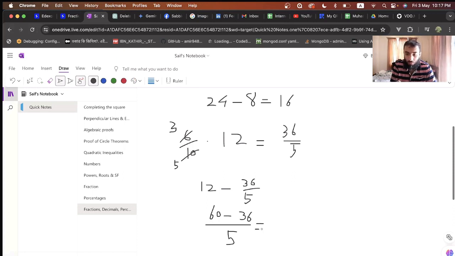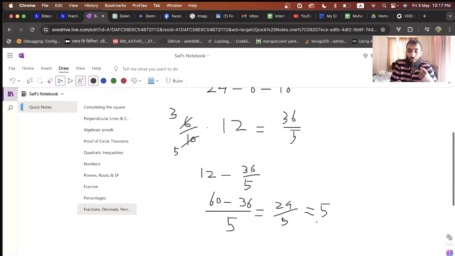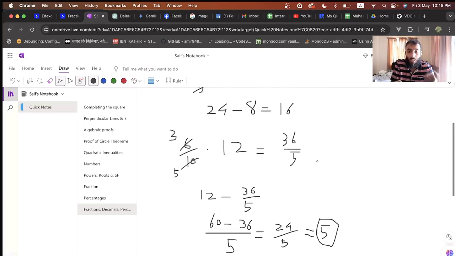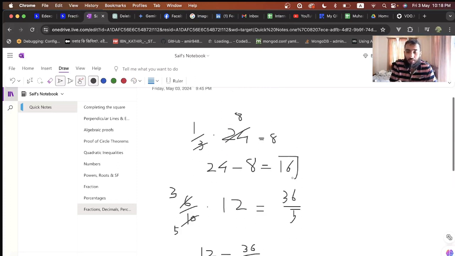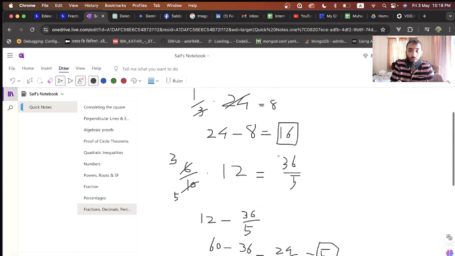So this is what? 24 by 5, which is roughly around 5 pounds. Okay, this is roughly around 5 pounds. This is the child ticket cost after the commission, and this is the adult ticket cost after the commission.